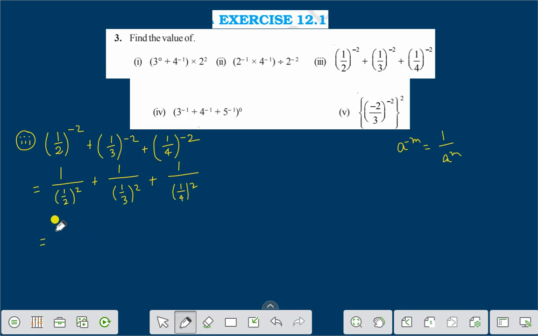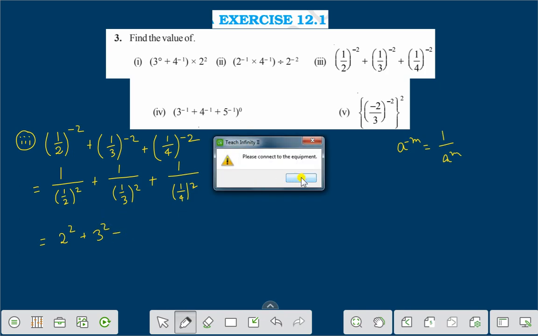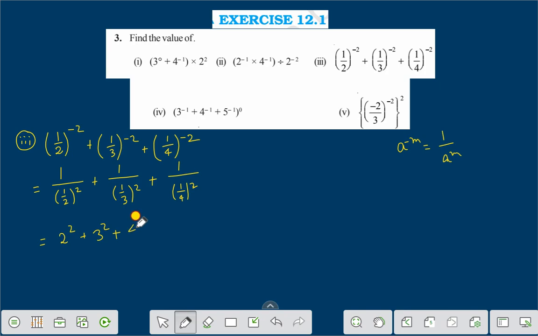Therefore, dividing 1 by 1 by 2, we get 2 to the power 2 plus 3 to the power 2 plus 4 to the power 2.